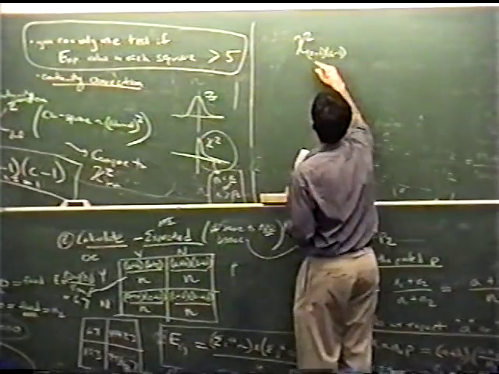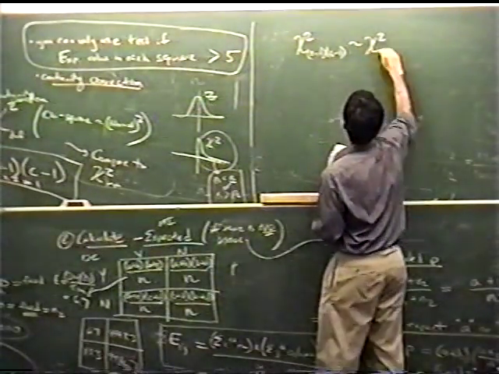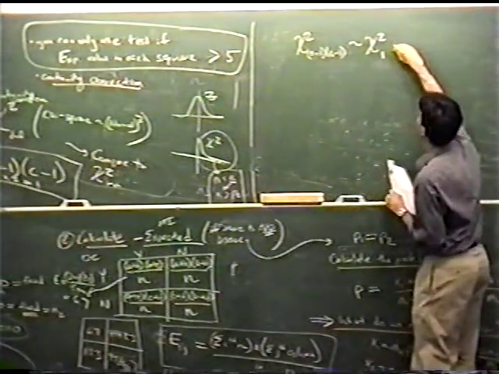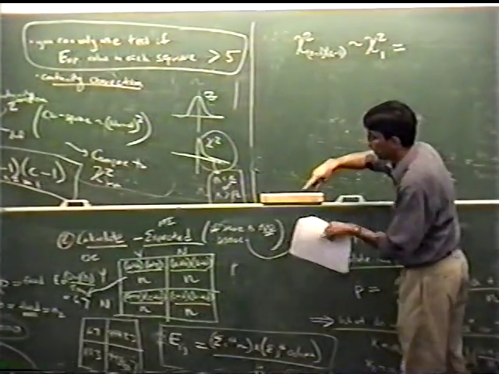And so the chi-squared here, which is just a 2 by 2 table, so it's chi-squared with 1 degree of freedom, is going to be equal to the following sum.